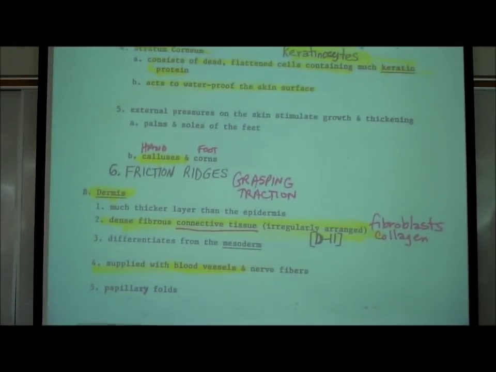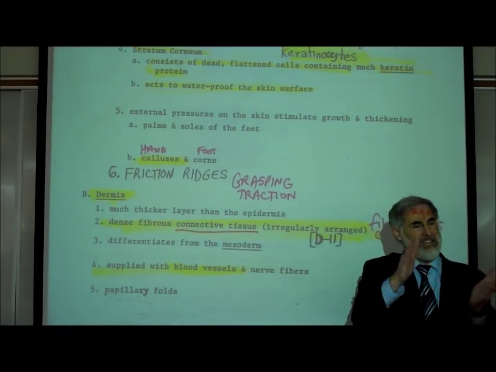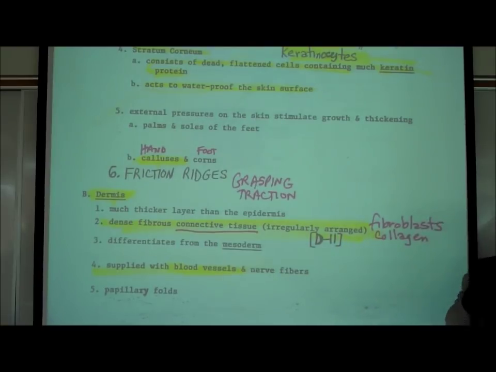Now, we wrote in item number 5 that external pressure on your skin, constantly applying repeated pressure to your skin, will stimulate that layer of the skin to grow thicker. It will cause that area where we're constantly putting pressure to grow thicker. And you might say, I don't get that.